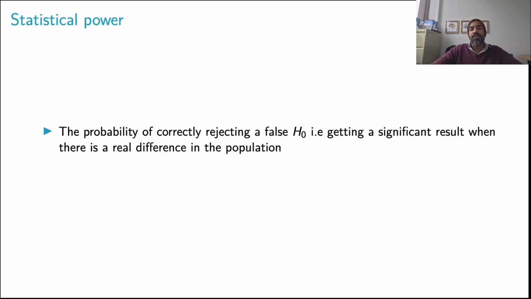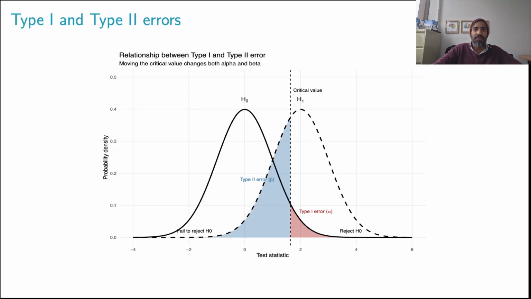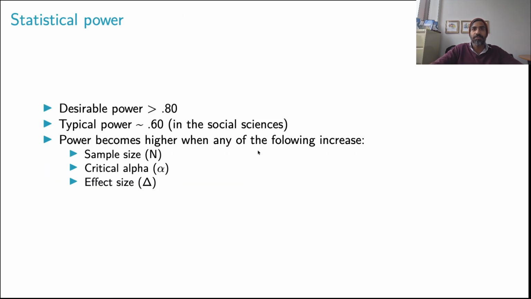Or in other words, when you're thinking of statistical power, what is your ability to detect an effect, assuming the effect exists in the population? So power is here. In reality, the null hypothesis is false, and you reject it. You detect the effect, and the null hypothesis is meant to be rejected. So that's where power sits. It's thought of as 1 minus beta, which is written here, correct rejection.